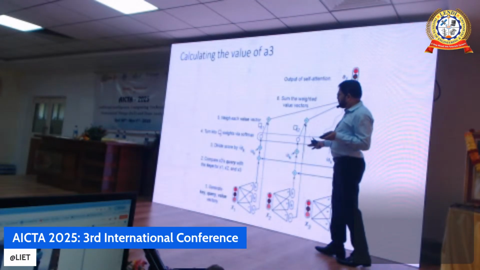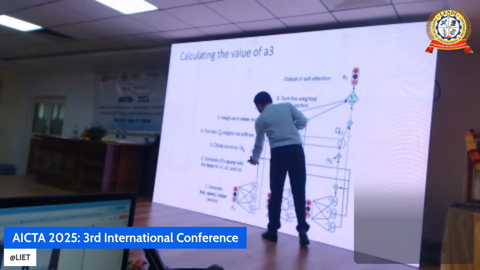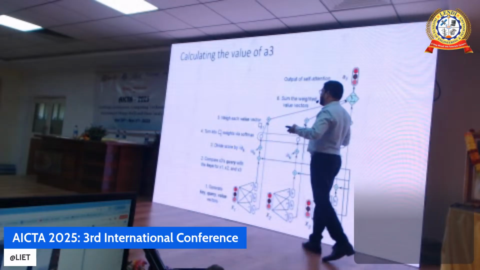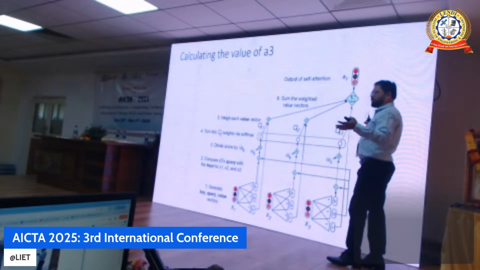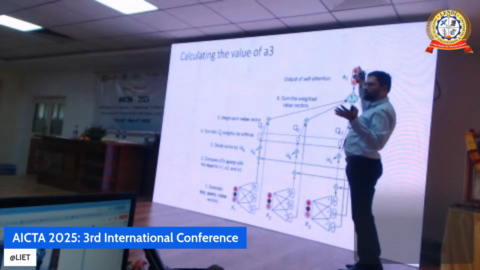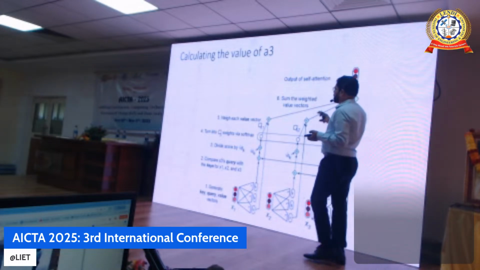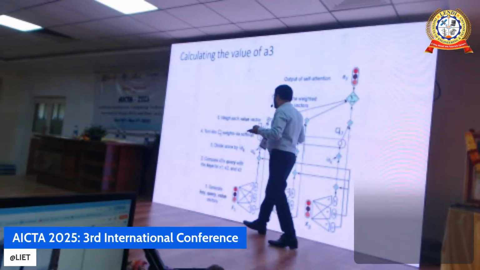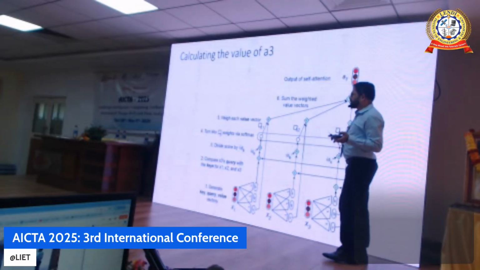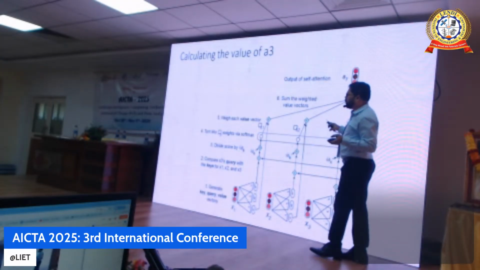So input is given, then we are calculating the query, key, value, and we are dividing by a constant value, the square root of dk, which is the model dimension. To optimize, instead of letting these values grow beyond some limit, we divide by the square root of dk. Then we apply the softmax function to get weights, multiply by each value vector, and sum these values.